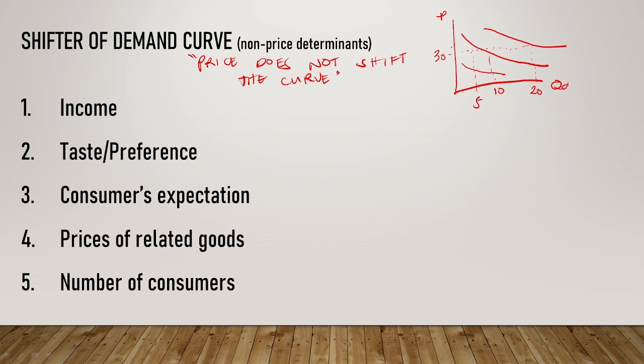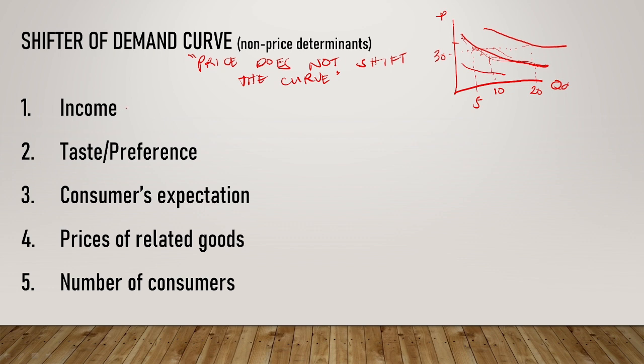For example, if the price changes from 30 to 35, the movement is only along the curve. When the price increases, the quantity demanded decreases, but it will not shift the curve. Only the shifters of demand will shift the curve. So let's talk about the shifters of demand.